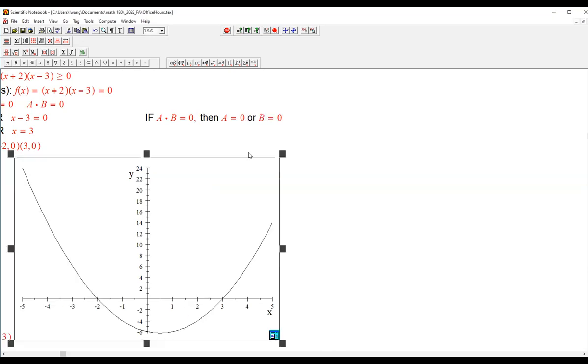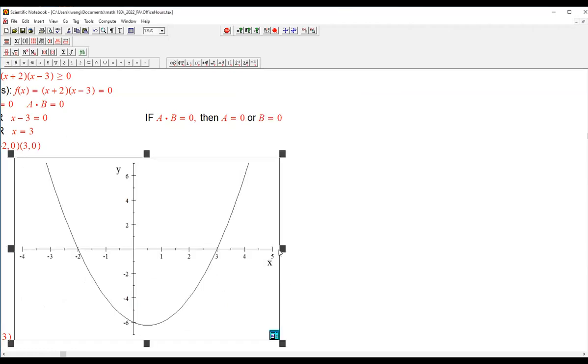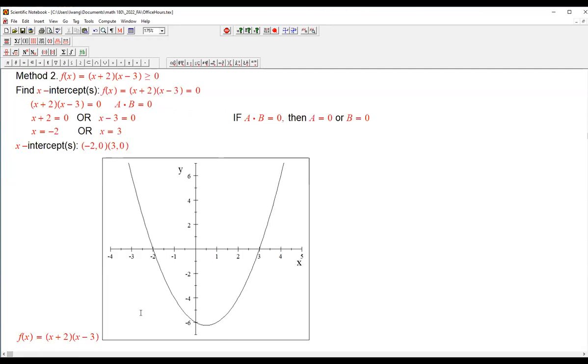Let me make some more adjustments. So this is -4 here, this is going to make it 5, -7, and here maybe I make it 7. So this is the parabola. Wait, hold on, right here. Okay, so this is the graph of the function.